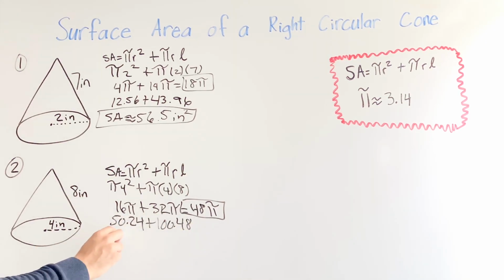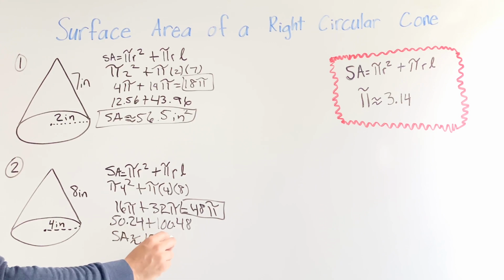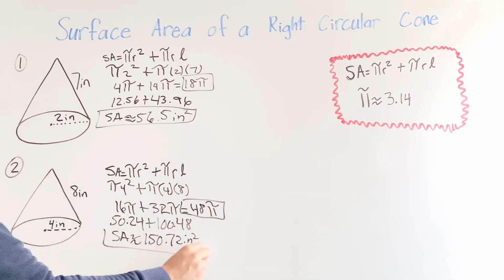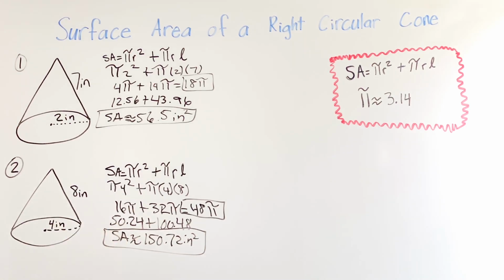So then we're going to add 50.24 plus 100.48. This is going to give us 150.72 inches squared.